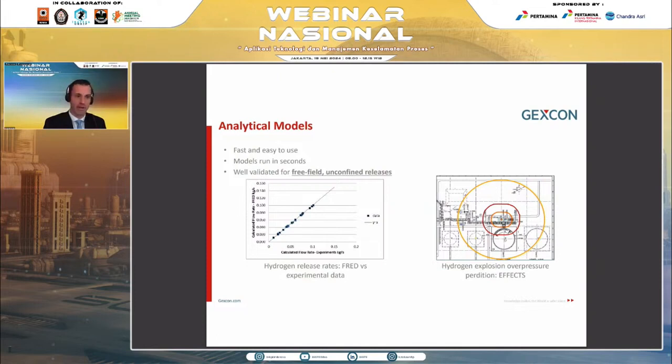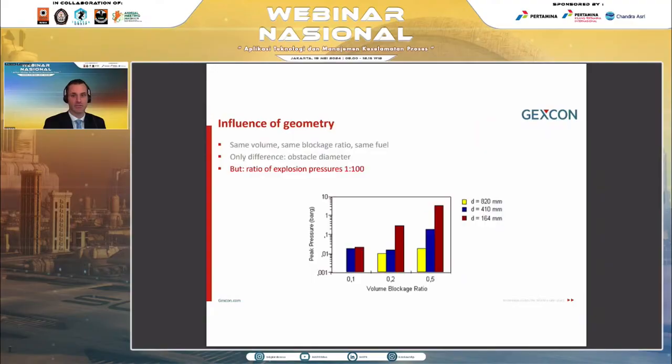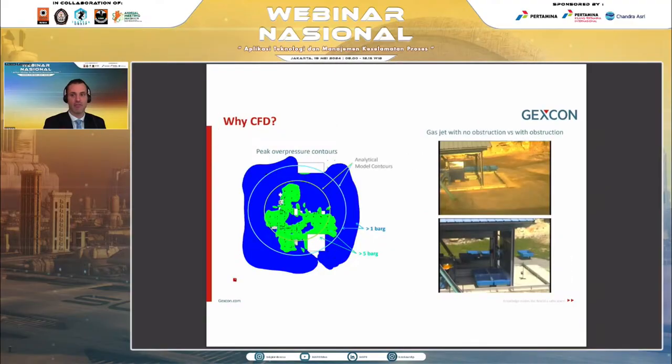To highlight this point even further, here are 2 examples of releases with different wind conditions showing the results from an analytical model versus CFD. The red line here and here shows the analytical results, and the blue, the CFD. The results on the left is typically what most people think is the difference between the types of tools, with analytical models being more conservative than CFD, with CFD results inside the analytical results.